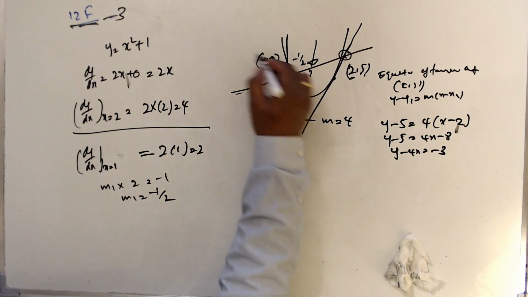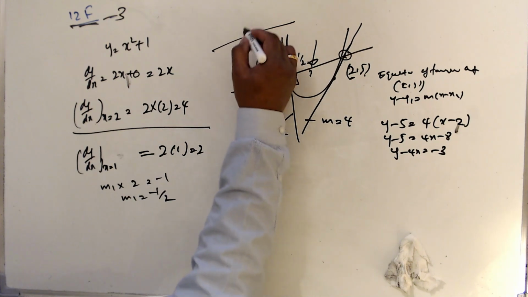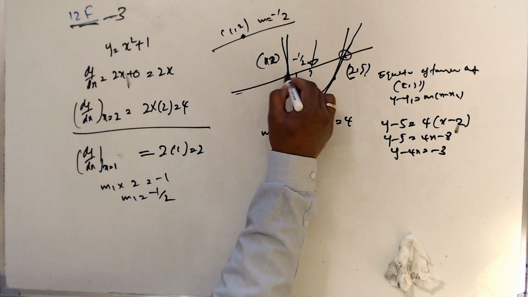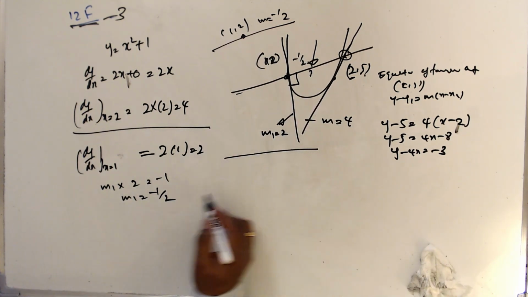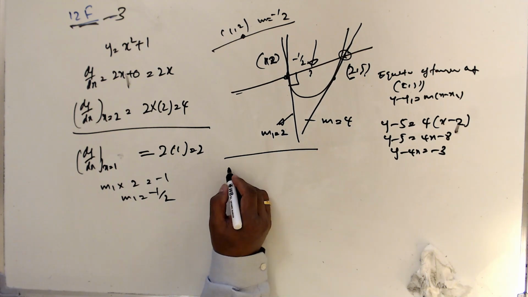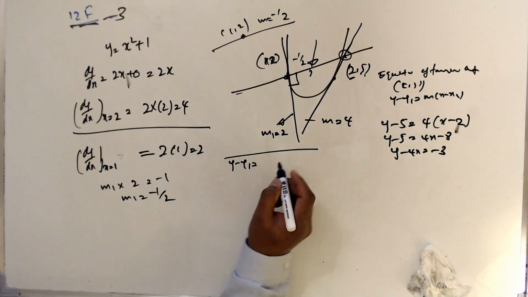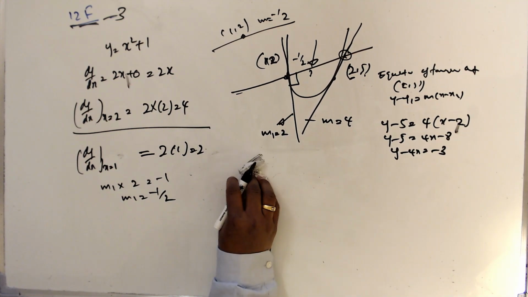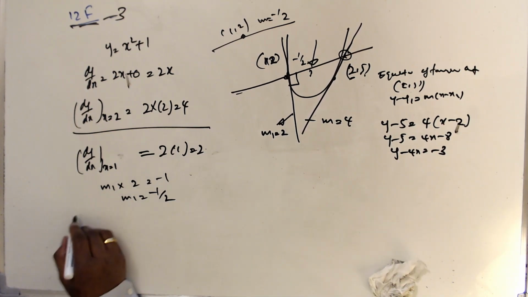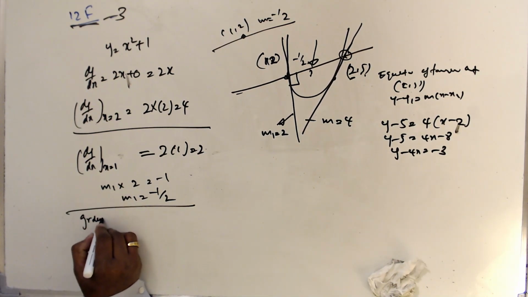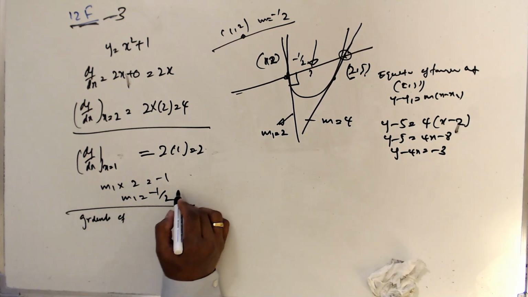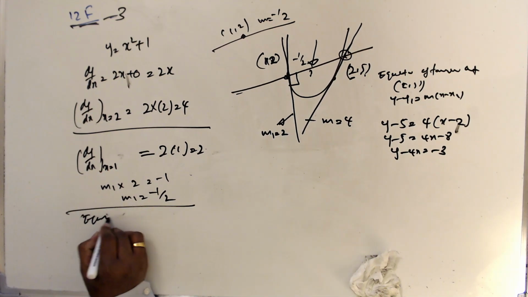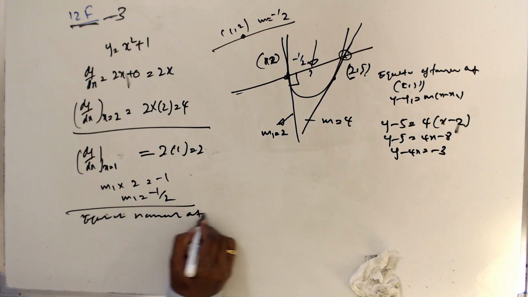Now you have a gradient minus half, and you have the point (1, 2), because this line goes through this point. So I will write y minus y1 equals, this is the equation of the normal at (1, 2).